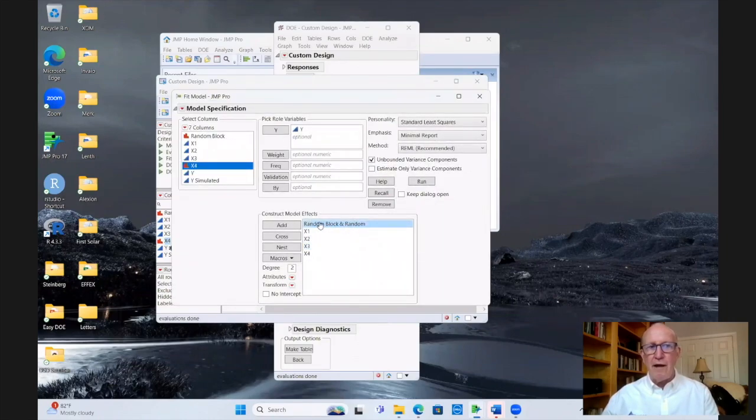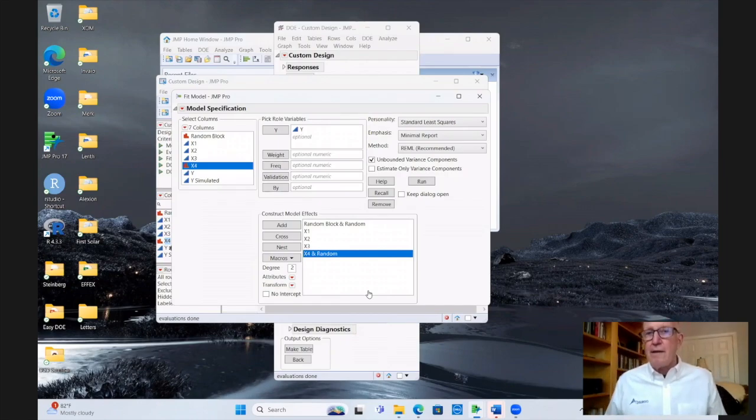Right now we have the random block, but we can also make this one be random too. So now we have two random effects, and we can fit that model. Even though it wasn't designed to have 2 random effects, that wasn't a part of the design, you can, after the fact, make JMP analyze the data as if there are 2 or 3 or 4 random effects.